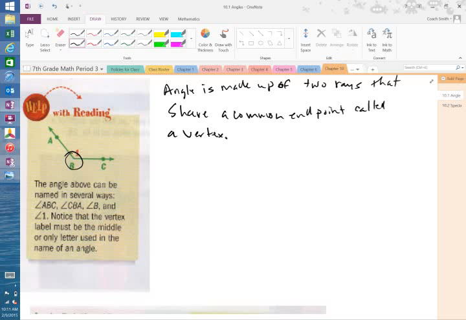When they reverse the letters, ABC and CBA, the B is still in the center. Angle B is being named by the vertex, so the vertex is very important. It must fall in a certain order in the angle's name itself.